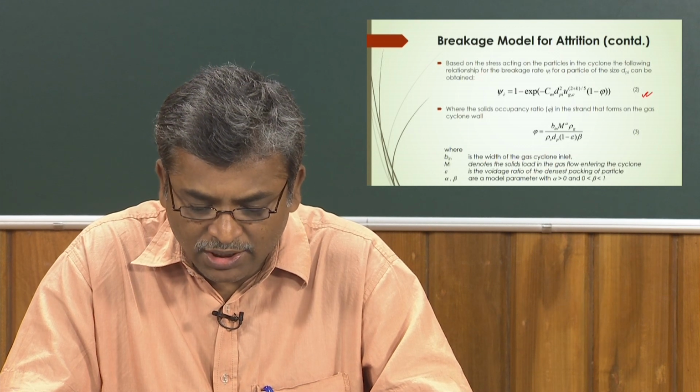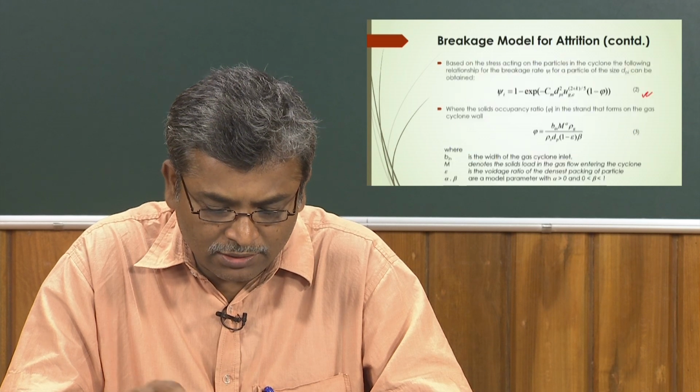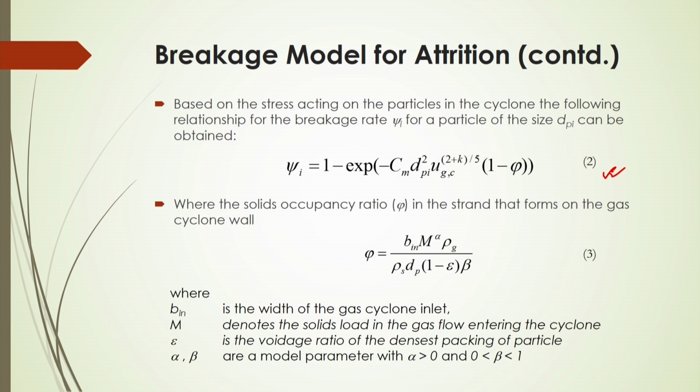This is basically as per the Weibull model: the breakage rate for a particular class of particles, whether coarser or finer, is denoted by psi i, where i means the ith class, and the diameter of the particle in that class is denoted by dpi.